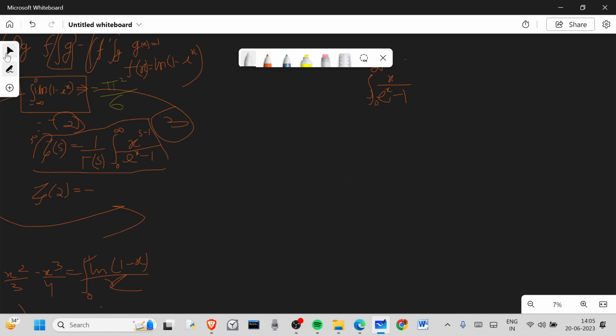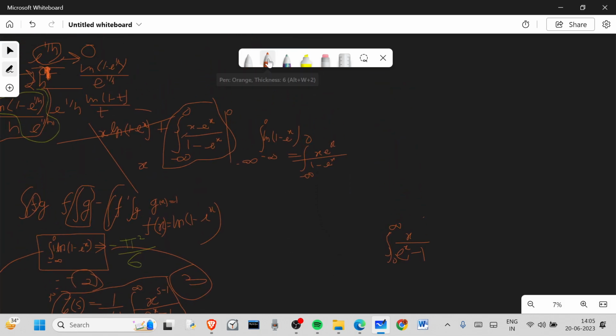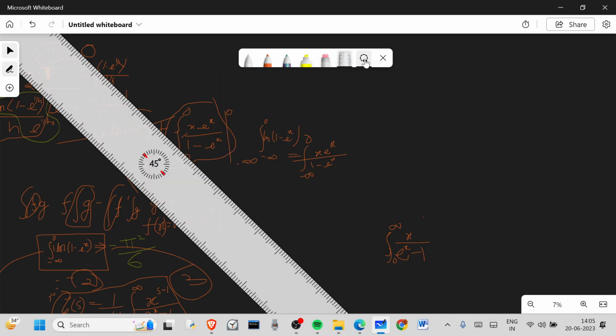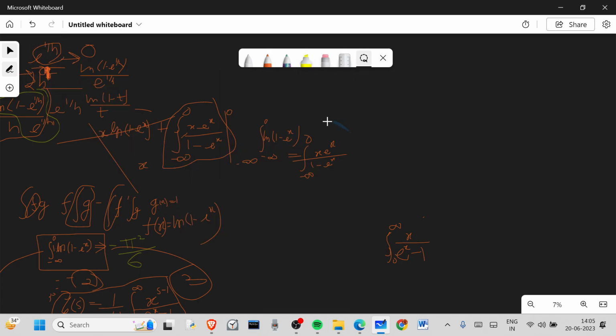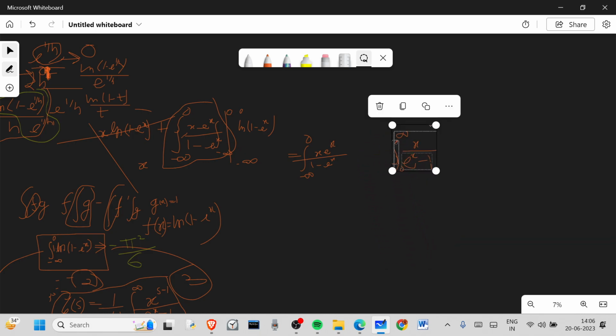To make it in this form, I have to put, basically what I'm saying, I have to get this integral. Anyways, I have to get this integral equivalent to this integral.